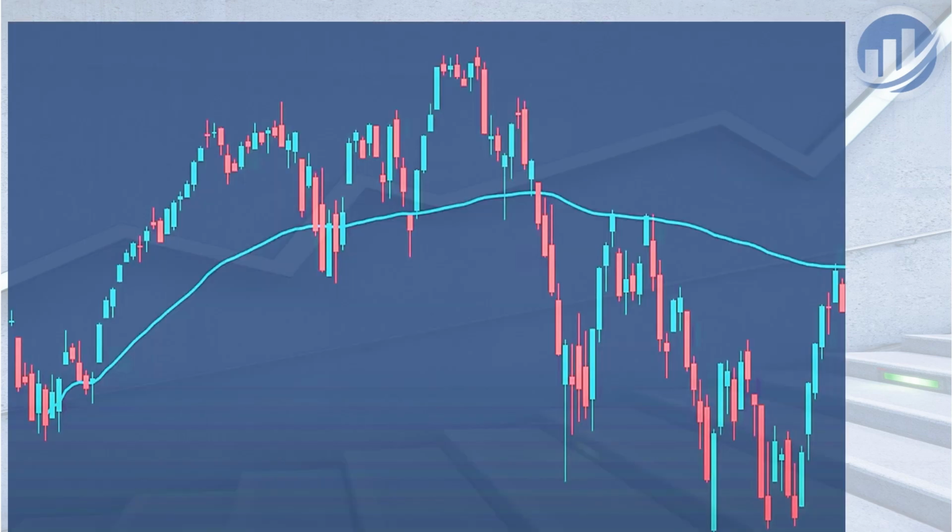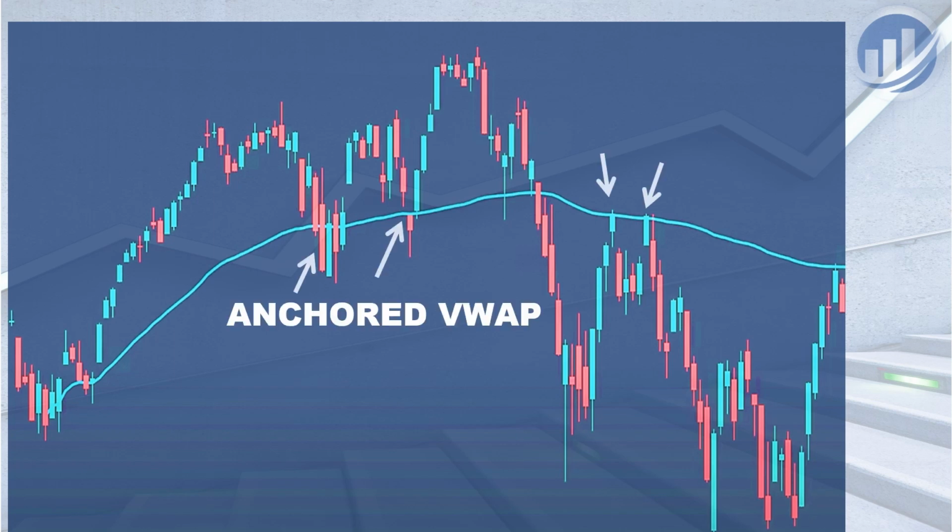Oh, there we go. It appeared. So this blue line is the anchored VWAP. And what you do is you anchor it at extreme lows or extreme highs where there's been a trend and it's obviously over, so we can anchor it there. But this is anchored VWAP.